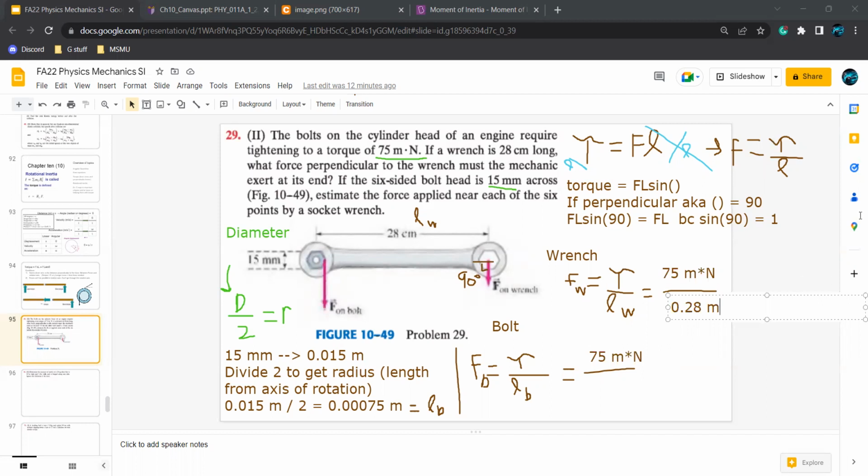I'll convert it right now. Then the length of the bolt, which we found to be 0.00075 meters.